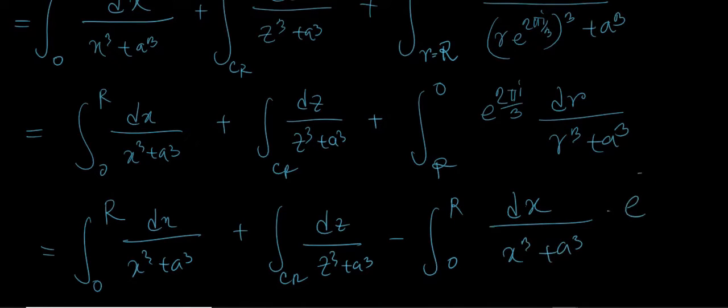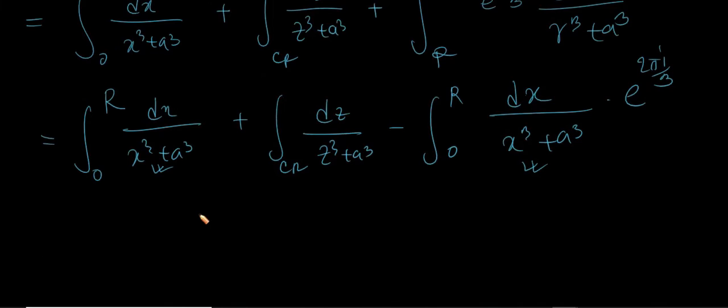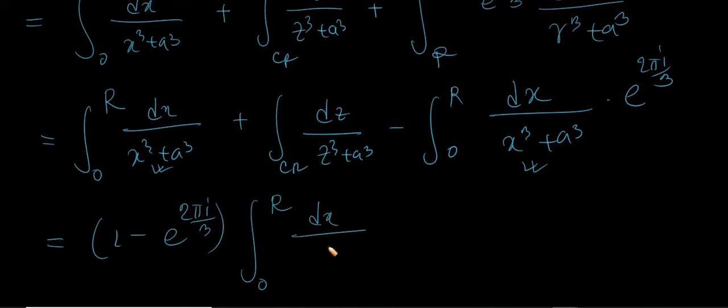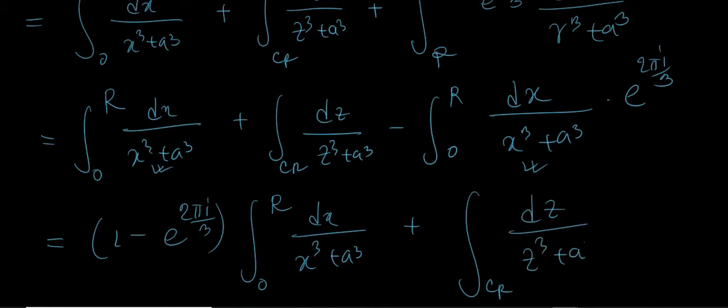And there is this e to the power 2 pi i by 3. Now notice the fact that this and this make a useful combination. That means they're the same thing. So if you just factor this integral out, you will have something like this in the next line: 1 minus e to the power 2 pi i by 3, which is a constant, and there is this integration from 0 to r of dx over x cube plus a cube plus the integral over CR of dz over z cube plus a cube.